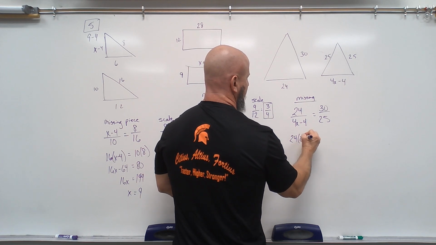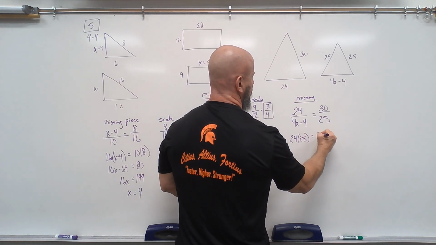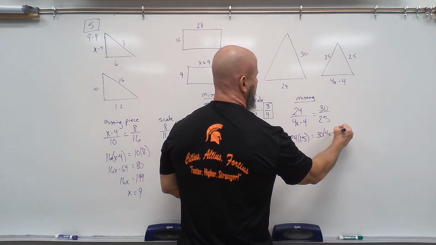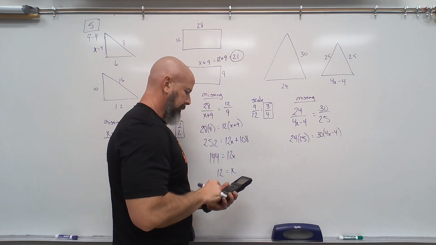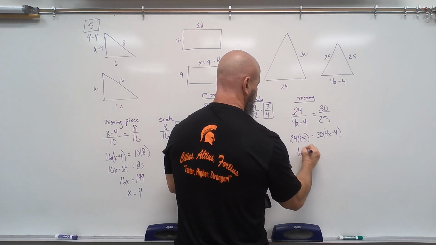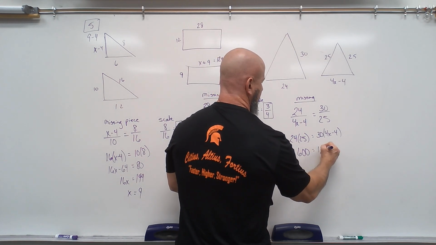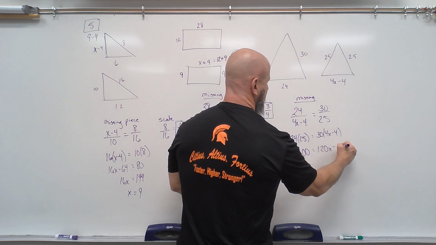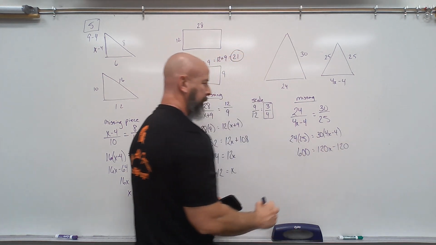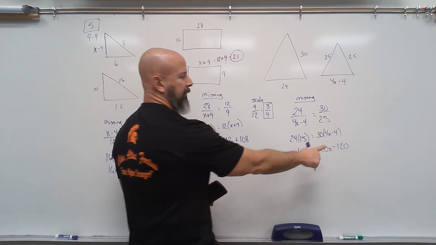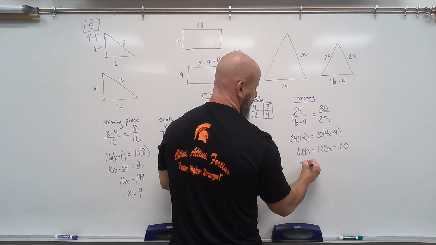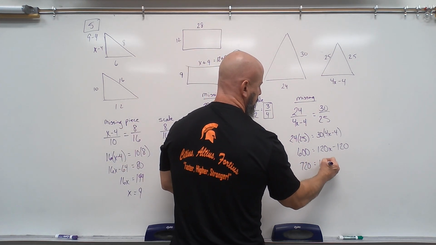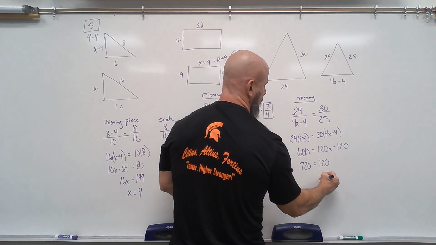Now solve the proportion. 24 times 25 equals 30 times 4x minus 4. So 600 equals 120x minus 120. If I add my 120 over, I'll get 720 is 120x.